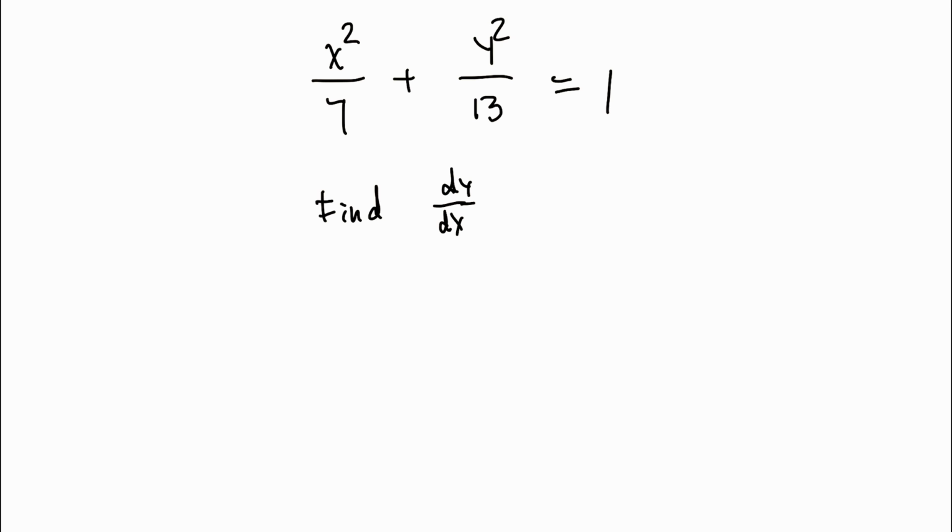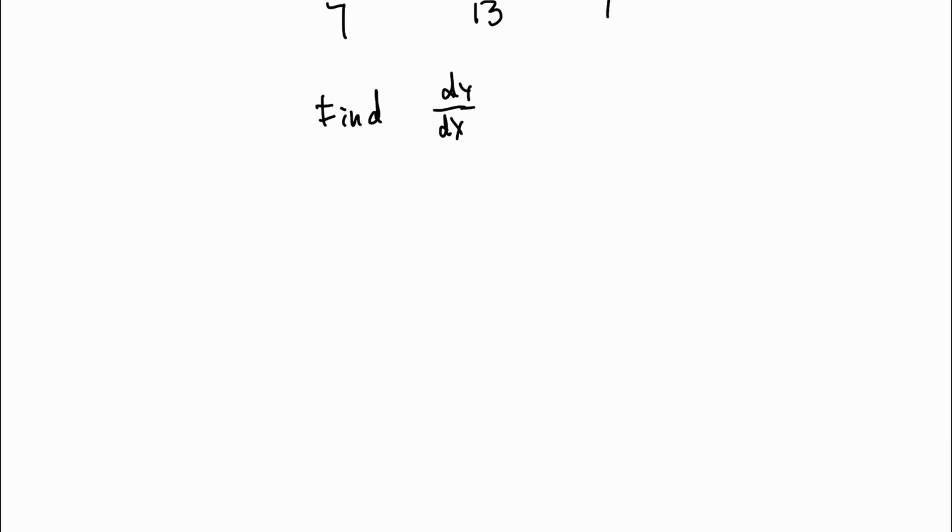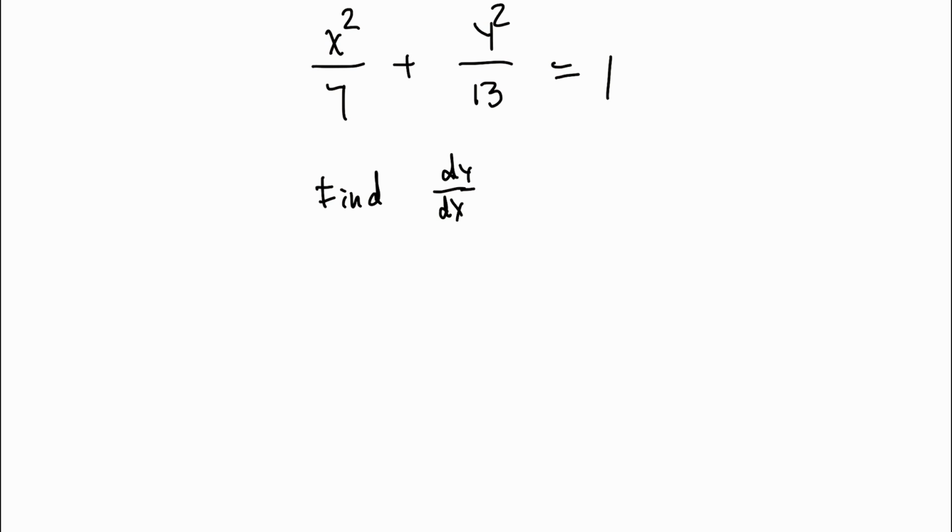This obviously is pretty annoying to deal with if you're trying to differentiate this explicitly. So we're going to differentiate this implicitly, as I taught in the previous video. We need to take the derivative on both sides.